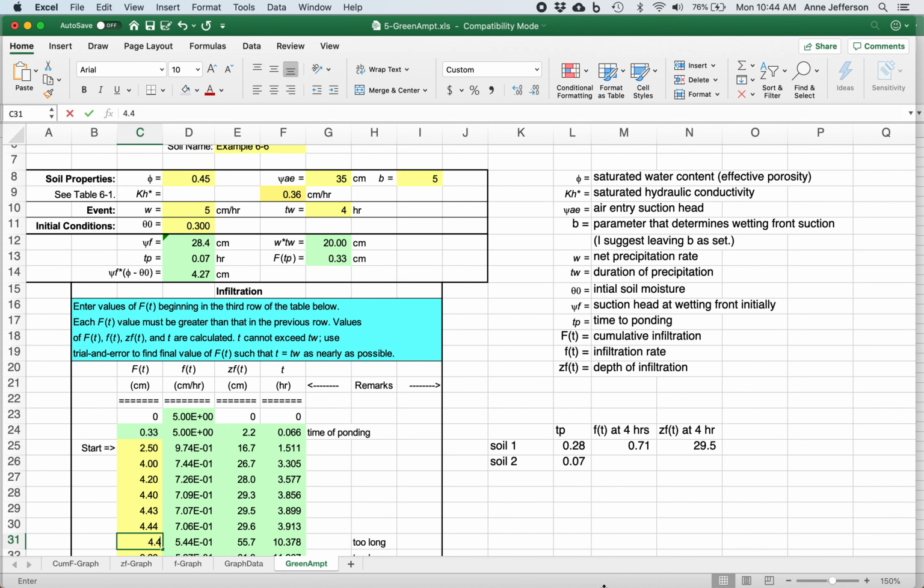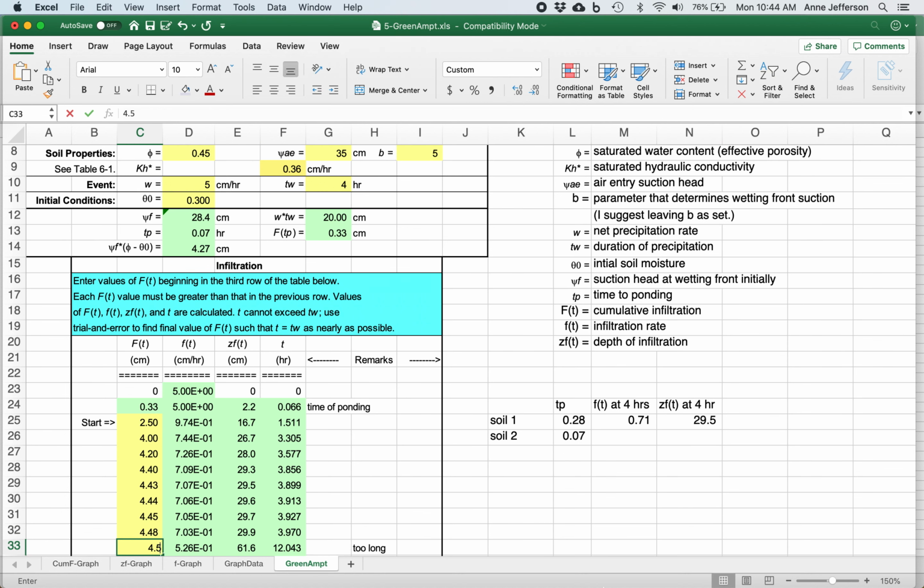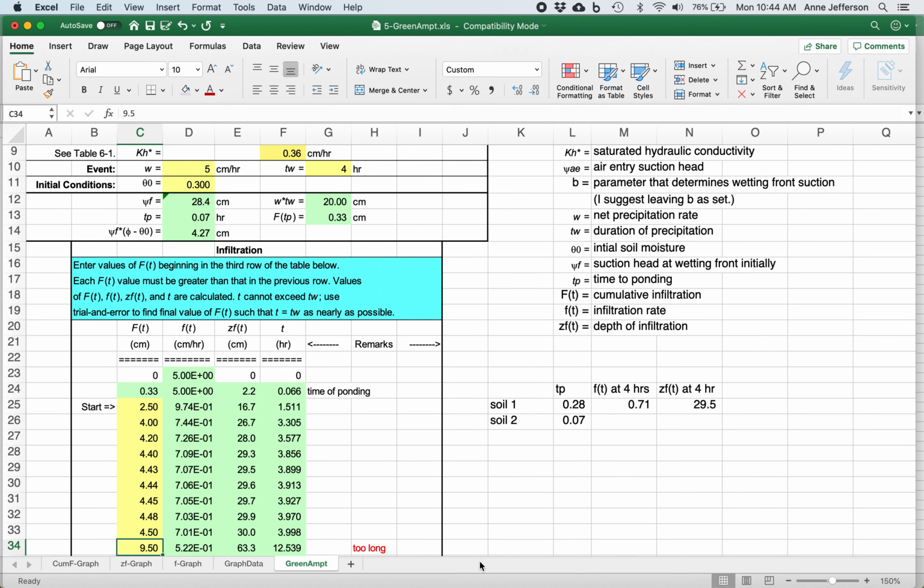So we can continue to work our way through these things. Oh, well, it's a little bit more, isn't it? Okay, so now we're back to 3.998. After 4.5 centimeters of total infiltration, our wetting front depth is now 30 centimeters, and our infiltration rate is 0.701.